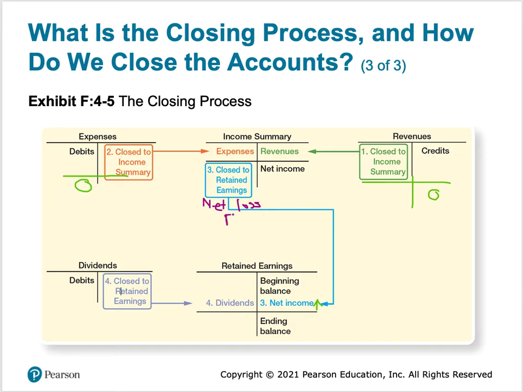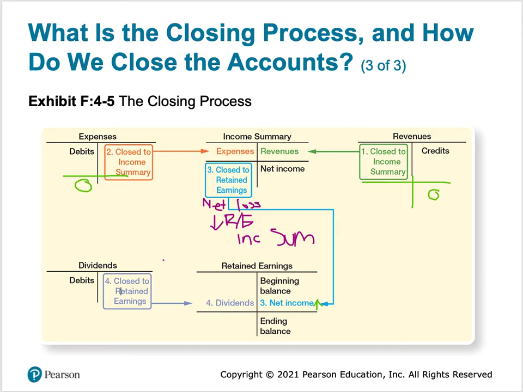So the journal entry would be a debit to retained earnings and a credit to income summary. And that would decrease retained earnings.